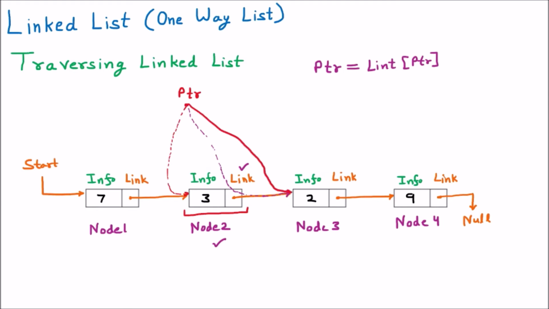So this is how we can go to the next node, because this pointer will point to node 3 now. To go from one node to another, we write PTR is equal to link of PTR. So we can say that it moves the pointer to the next node in the list.